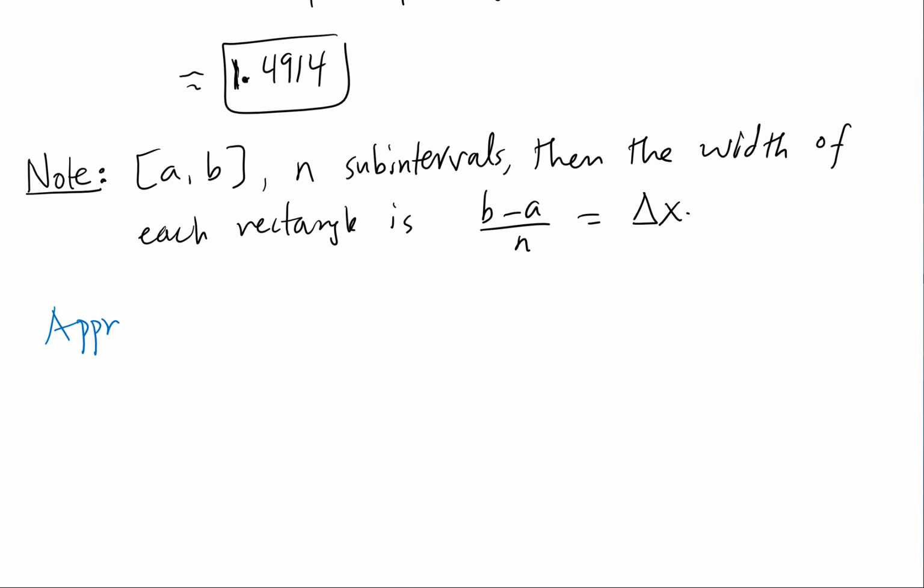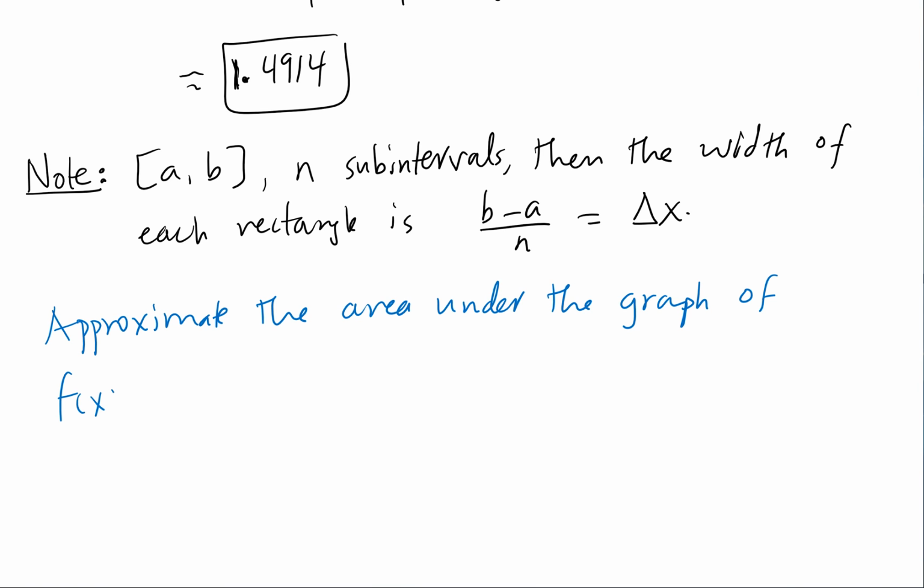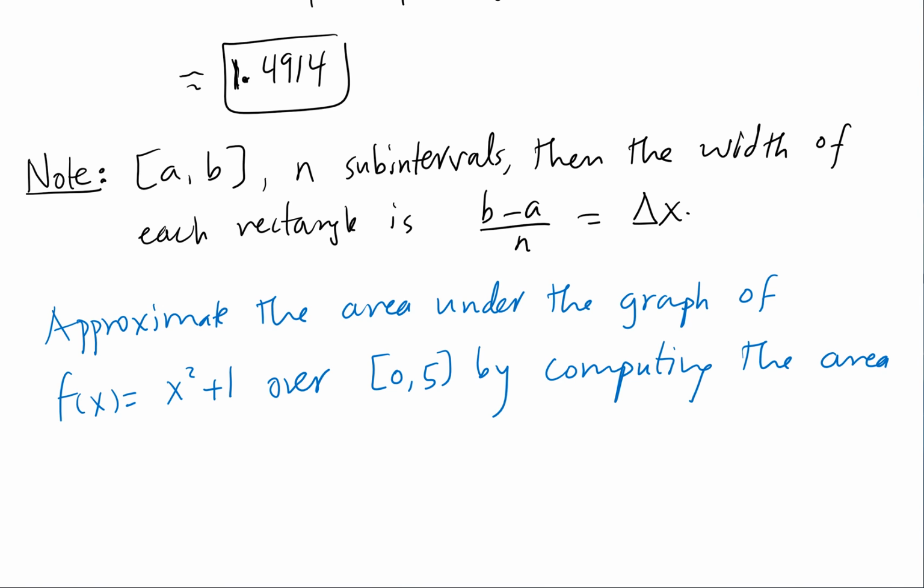Let's say they ask us to approximate the area under the graph of f of x equals x squared plus 1 over the interval 0 to 5 by computing the area of each rectangle, and then adding. Adding means adding all the areas of these rectangles.